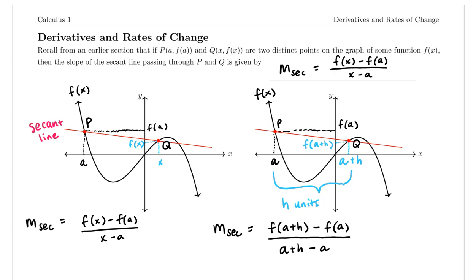Now, I can actually simplify this expression. Notice my denominator can be simplified to just h, because a and negative a will sum to 0. And then my numerator, I'd have f of a plus h minus f of a. So now I have these simplified formulas for the slopes of the secant lines in both of these graphics.